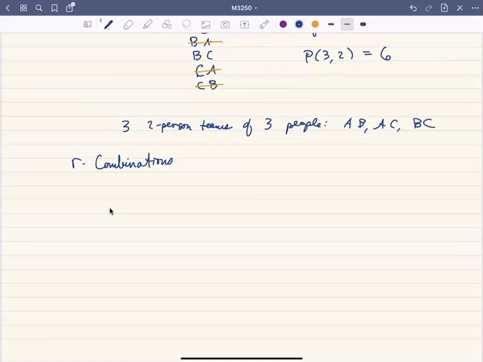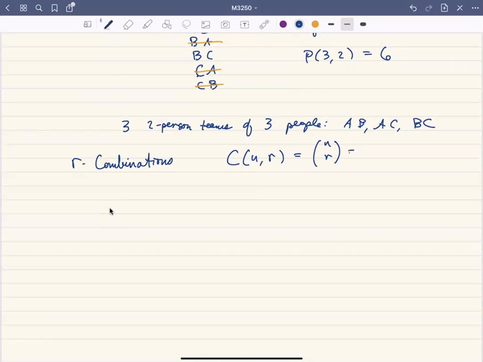So in other words, how many ways are there to make an r person team, a team of r people, if you start with a group of n people? Okay, so these are called r combinations. We denote it n choose r. So these are called binomial coefficients for reasons that will be made clear soon.